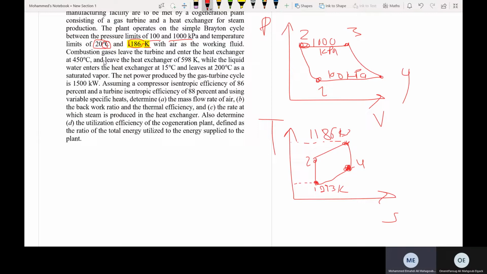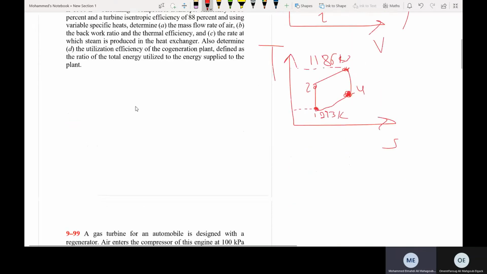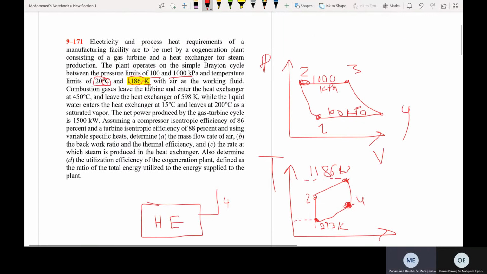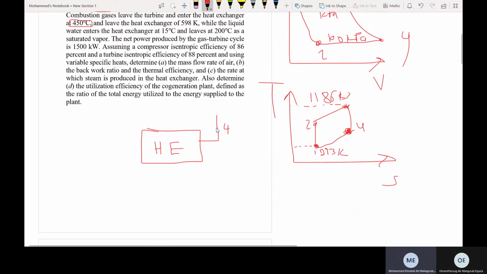Now let's look here at the combustion gases that leave the turbine and enter the heat exchanger. Remember the utilization part that I told you about. So here from point 4, let's draw the heat exchanger. Now we have a heat exchanger. Point 4, which is coming from the turbine, has a temperature, it tells us the temperature of the combustion gases that leave the turbine, of 450 degrees Celsius, which is 723 kelvins.